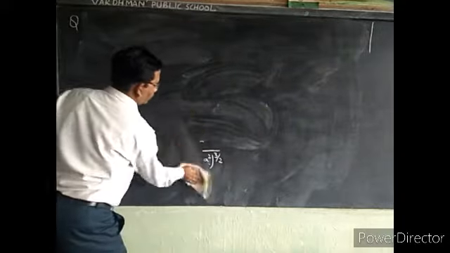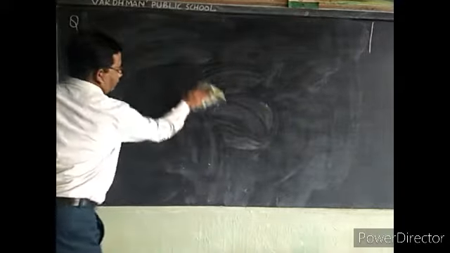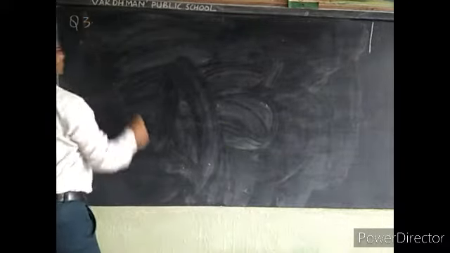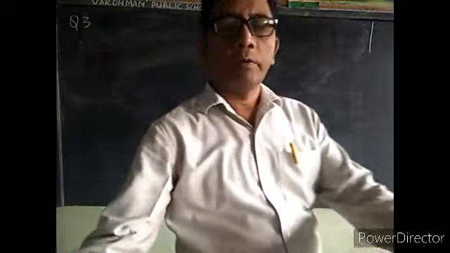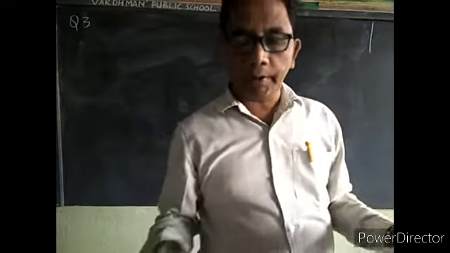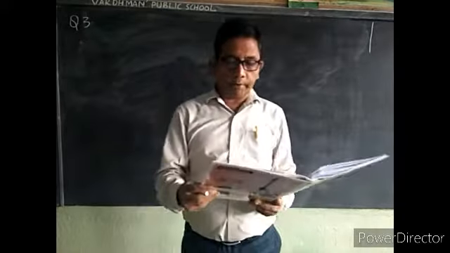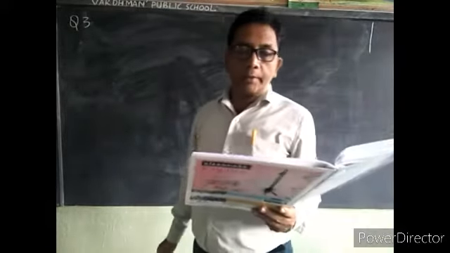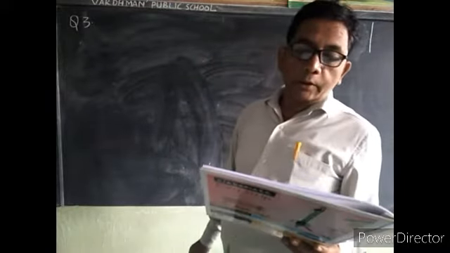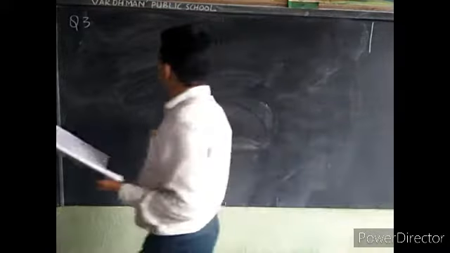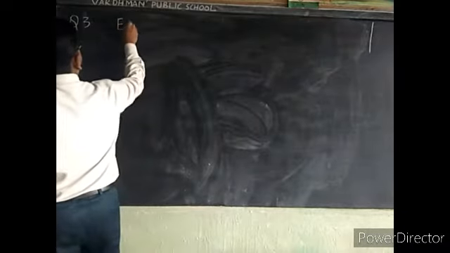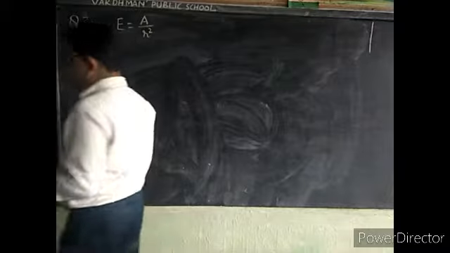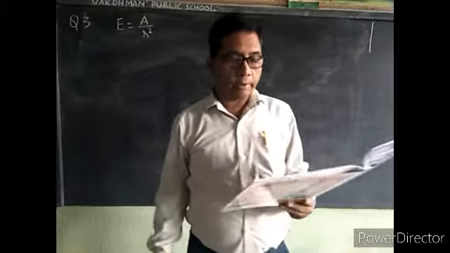Our next question is: gravitational field intensity at a point due to a mass is given by E is equal to A upon r square, where A is a constant.